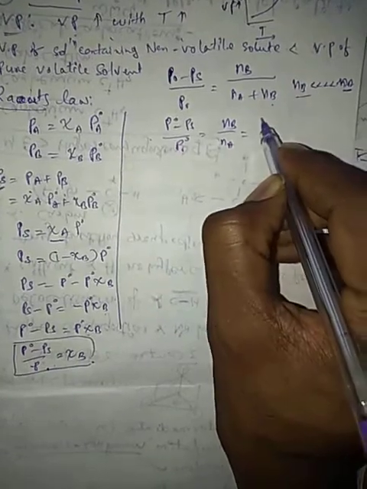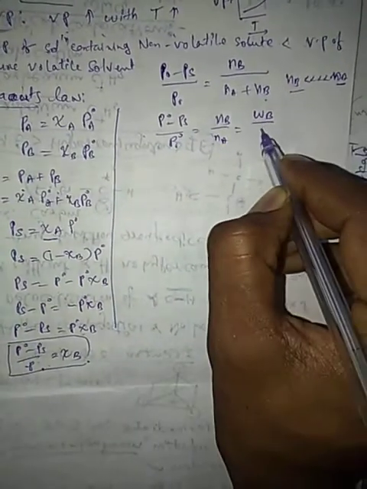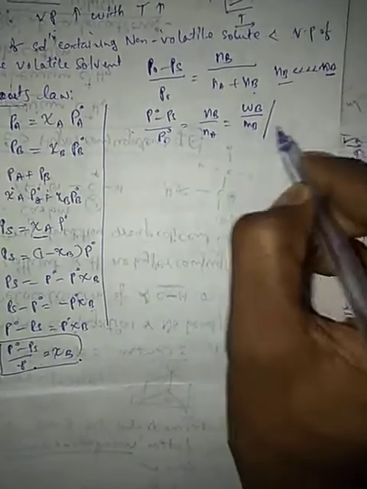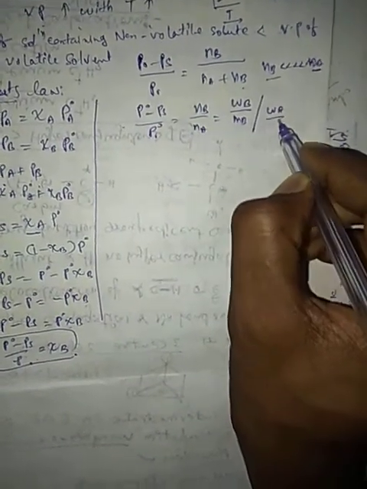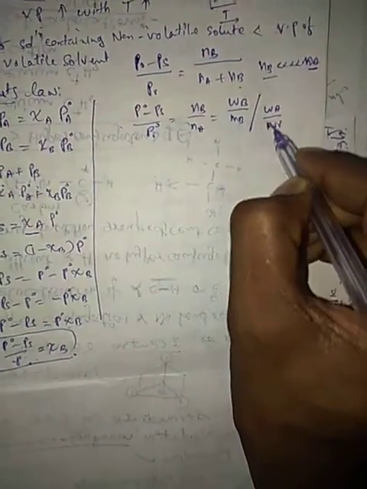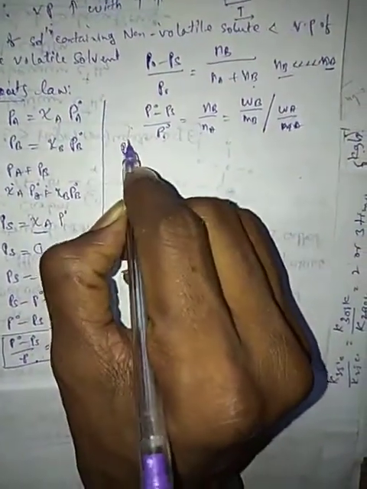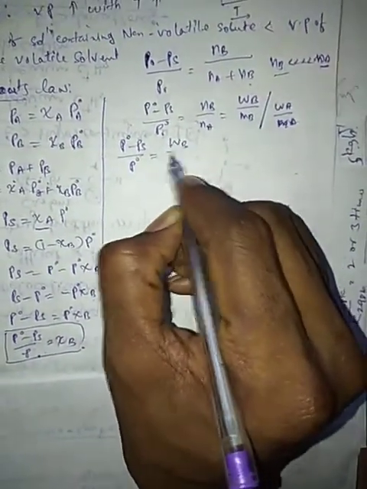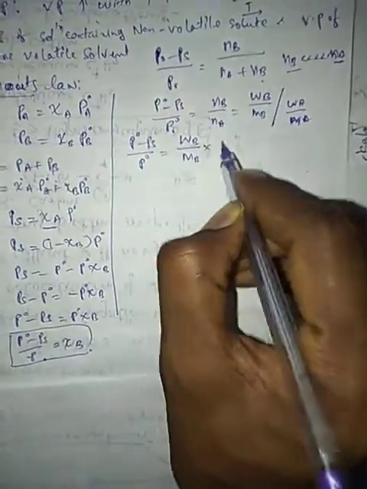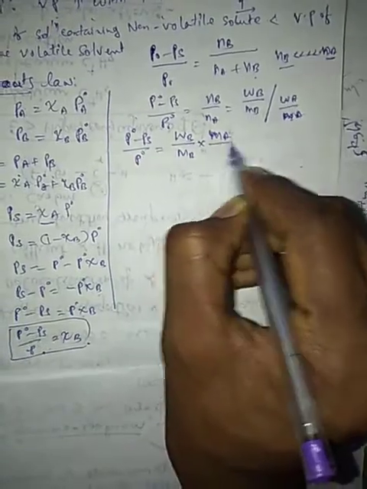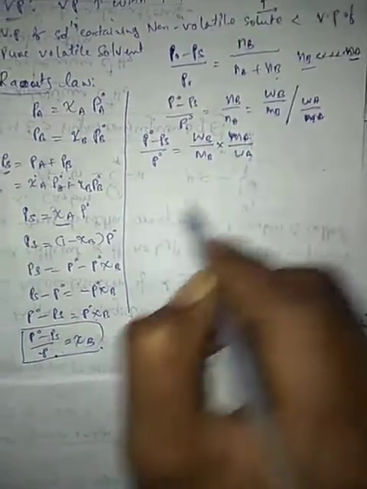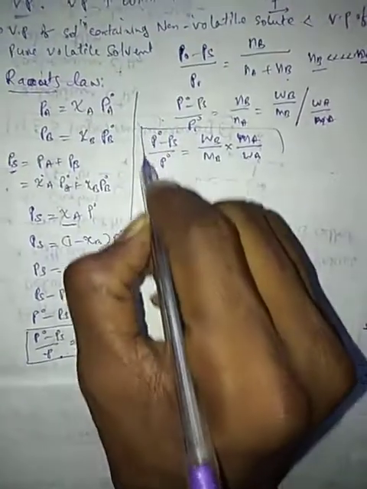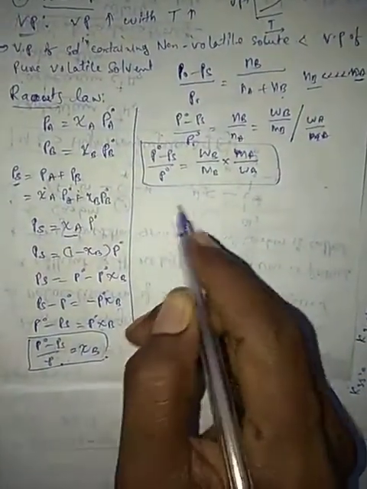NA can be written as weight by molecular weight, WA by MA. So (P naught minus PS) by P naught is equal to WB by MB into MA by WA. This is the equation for the relative lowering of vapor pressure.